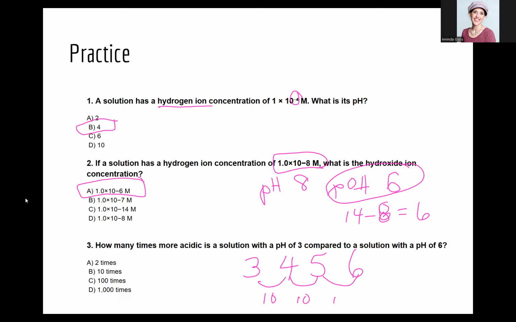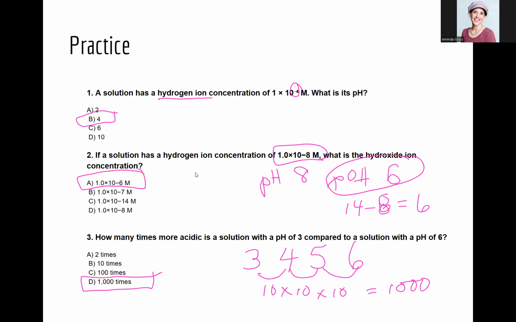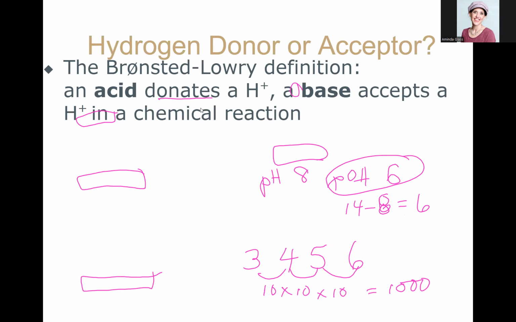From 5 to 6, that's a factor of 10. So it's 10 times 10 times 10, which is 1,000. If you have questions about these, please don't hesitate to reach out.